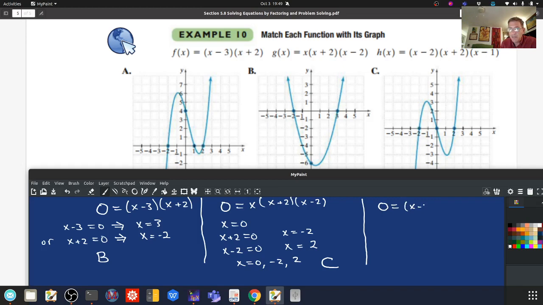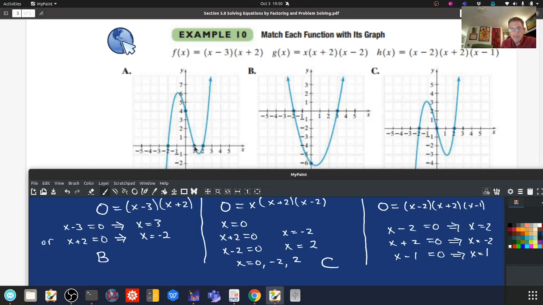You should have no problems in solving each one of these set equal to 0. That implies x is equal to 2. This one implies x is equal to minus 2. And this one implies x is equal to 1.